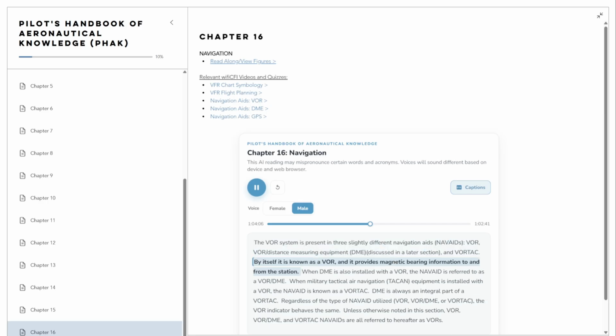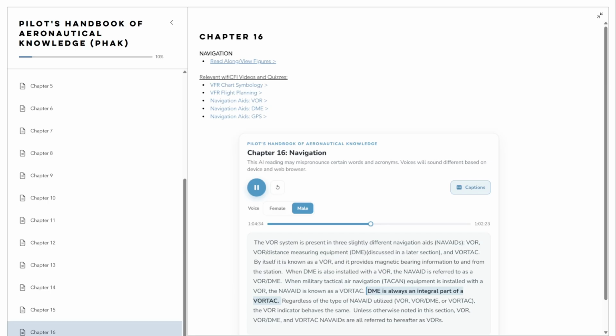By itself it is known as a VOR, and it provides magnetic bearing information to and from the station. When DME is also installed with a VOR, the NAVAID is referred to as a VOR/DME. When military tactical air navigation, TACAN, equipment is installed with a VOR, the NAVAID is known as a VOR-TAC.